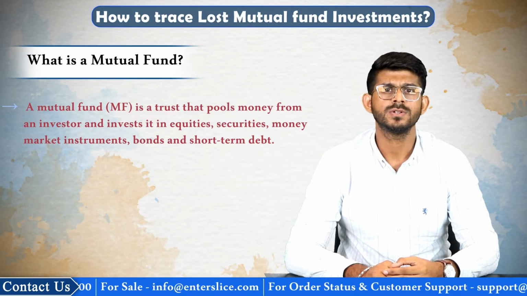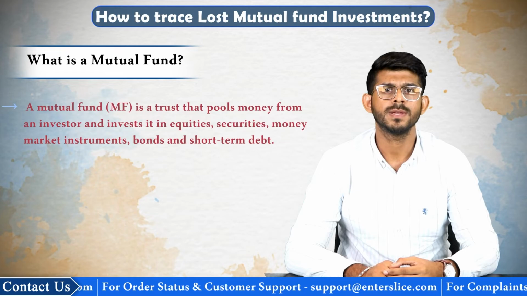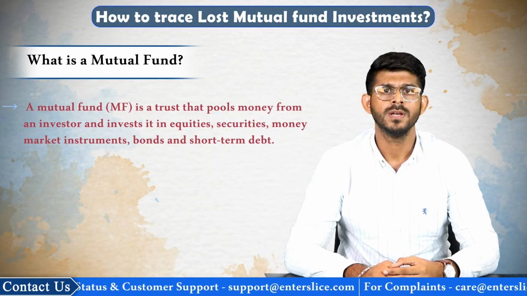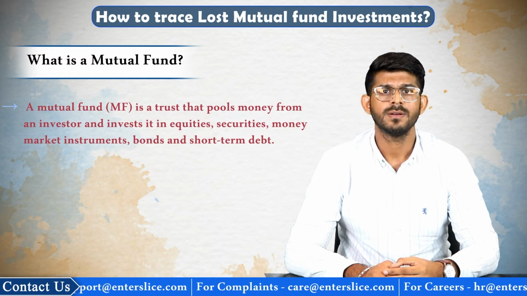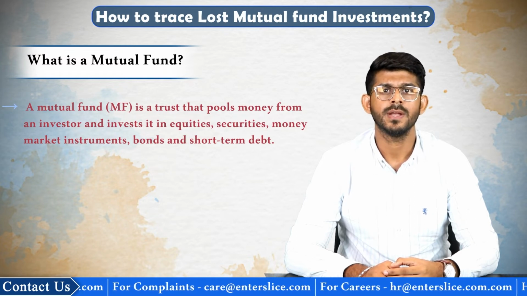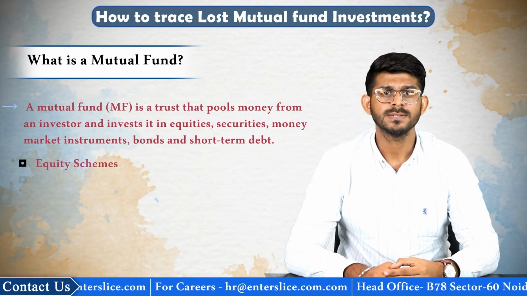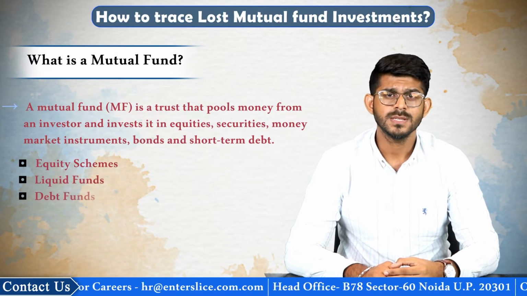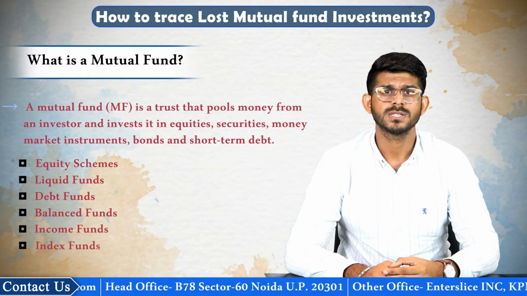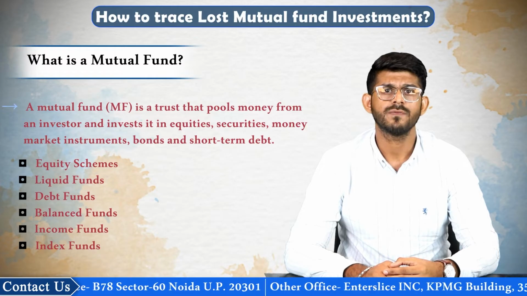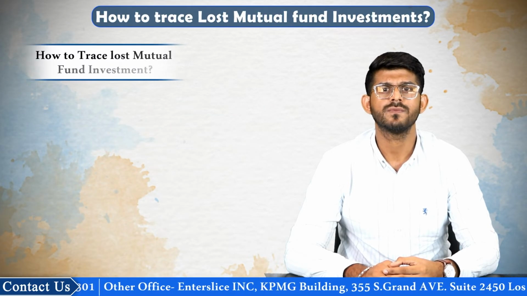Each share denotes the ownership of the investor in the fund, and any income generated from the collective investment in the mutual fund is distributed proportionally between the investors. In general, it is the collective money invested by many investors. Equity schemes, liquid funds, debt funds, balanced funds, income funds, and index funds are some examples of mutual funds. Now we will discuss how to trace lost mutual fund investment.